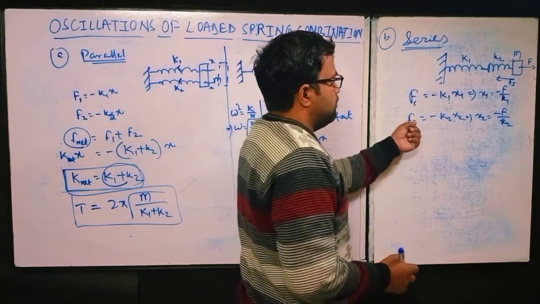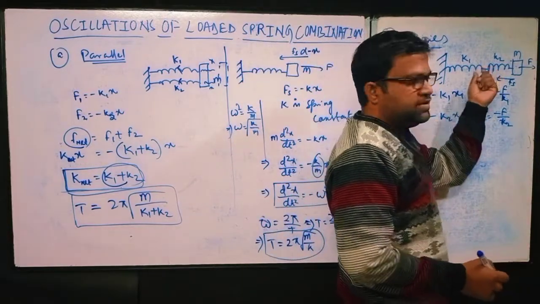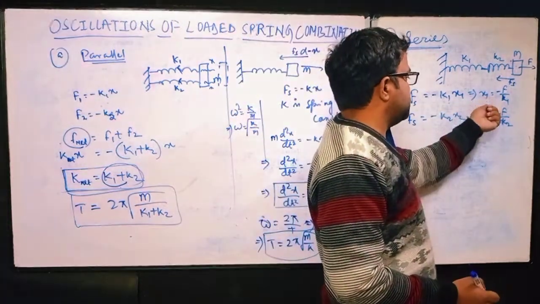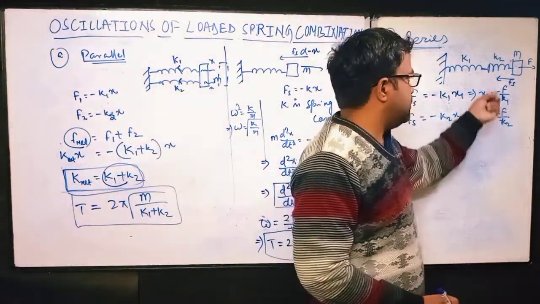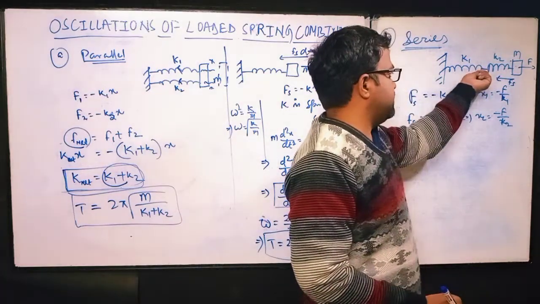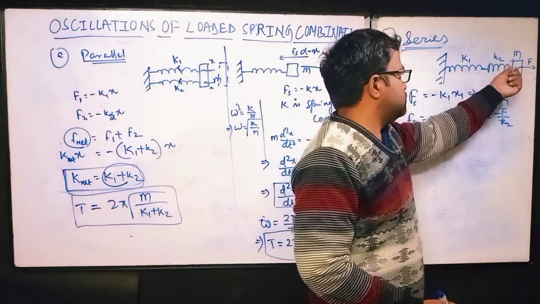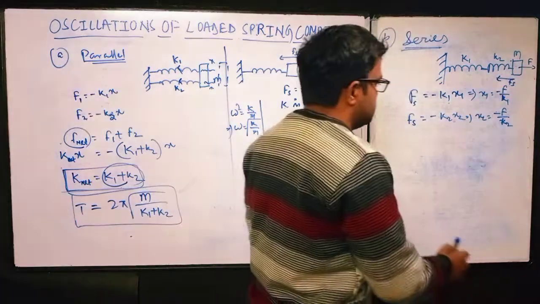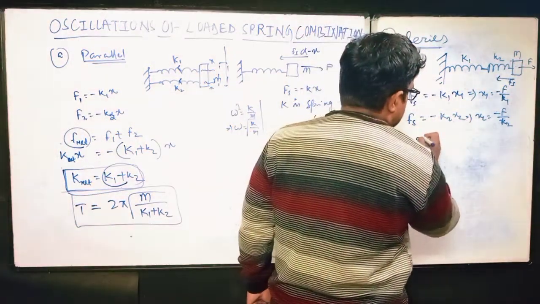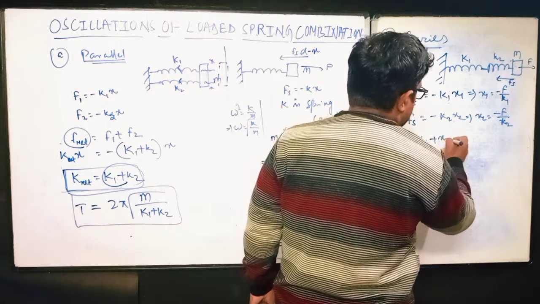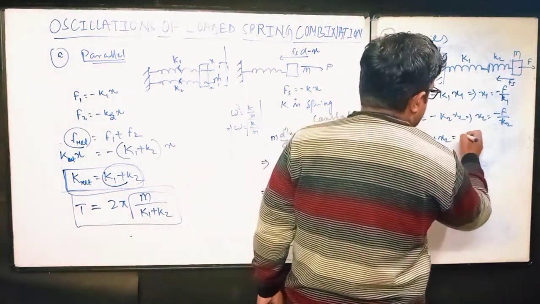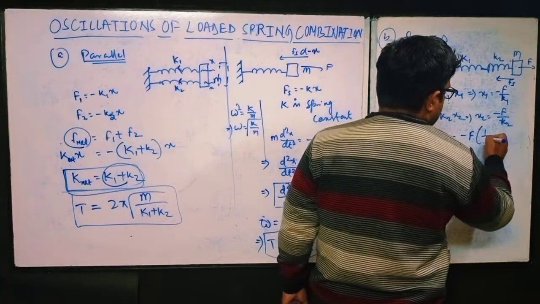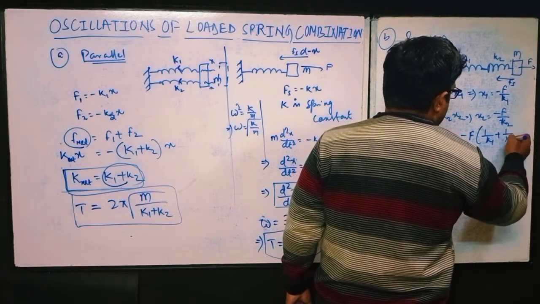So now what I'll do, the net expansion will be the sum x1 plus x2, because this is expanding x1 and this is expanding, let's say, x2. So the total expansion is x1 plus x2, which you can say is minus F common, that is 1 upon K1 plus 1 upon K2.